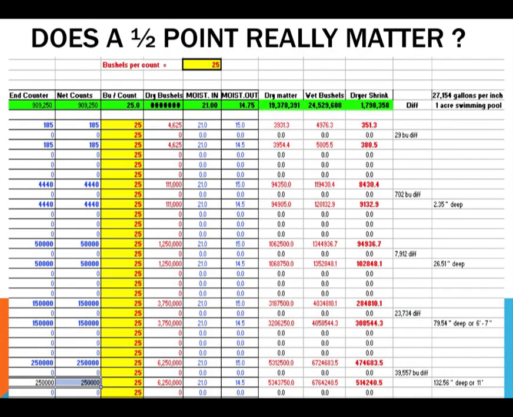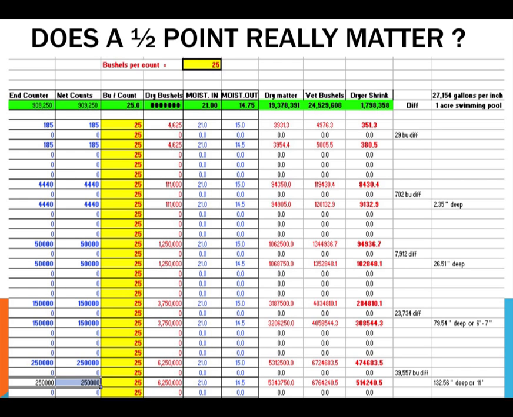So does a half point really matter? I'm going to zero in on this example right here. This is 3,750,000 bushels of dry grain. In this example, it went in at 21 and it came out at 15. These are averages.